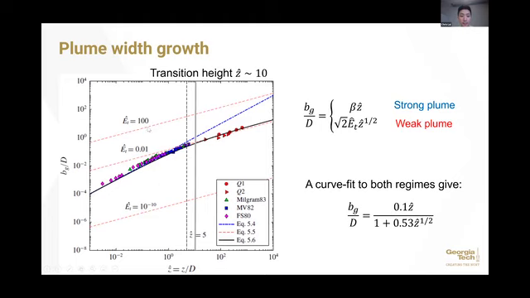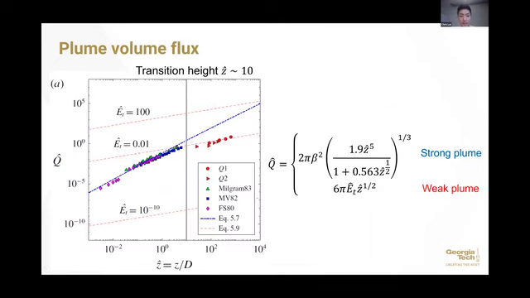And we also try different values, and this is shown here, and the value of 0.01 will fit the data well. If you want to predict the volume flux, these are the formulas. And again, if you look at the weak bubble plume region here, which are the red symbols, the non-dimensional turbulent diffusion coefficient of 0.01 will also fit the data reasonably well.